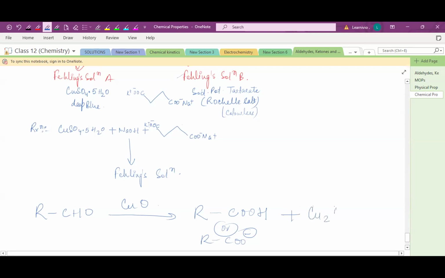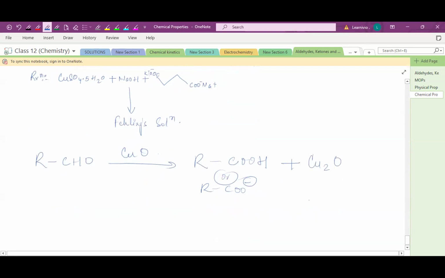Plus, it will form an undissolved substance, which is known as cuprous oxide. You will notice that the undissolved reddish color precipitate is settled at the bottom. So this is the red color precipitate, which confirms the test. It demonstrates that the aldehydic group is present in your compound. It confirms the aldehydic group, right? So this test is used for the detection of aldehydic group, like your aliphatic aldehydes.